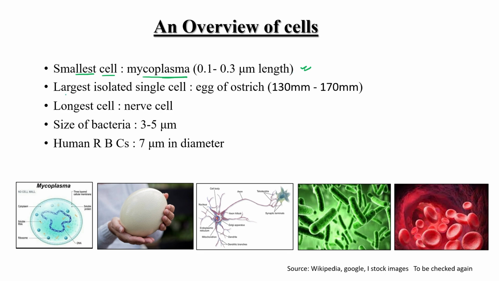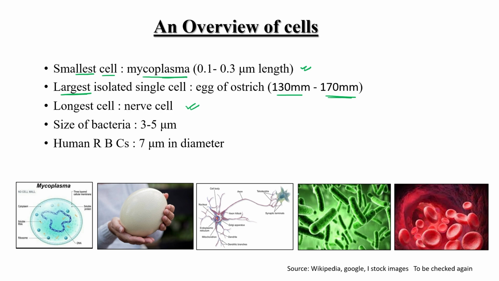Okay, what is the largest type of cell? It is the egg of an ostrich, right? So what is the size? About 130 mm to 170 mm. It's quite big, right? The longest cell is the nerve cell, right? And what is the size of a normal bacteria?